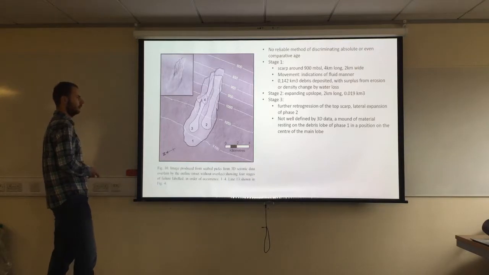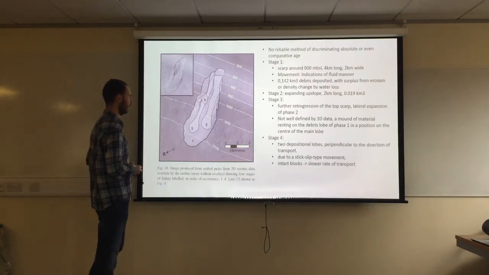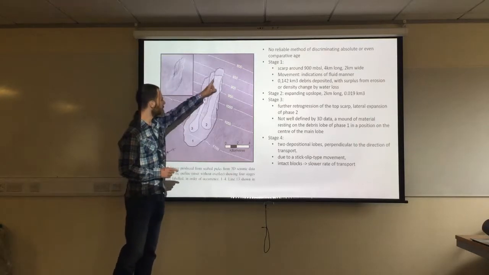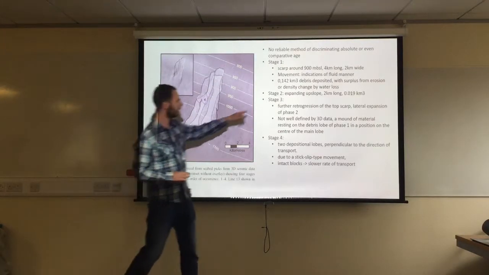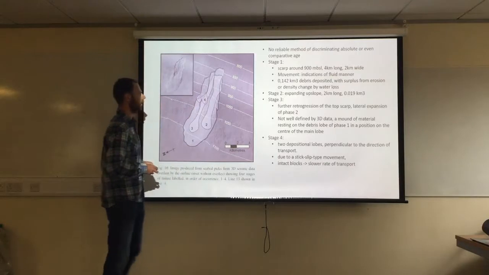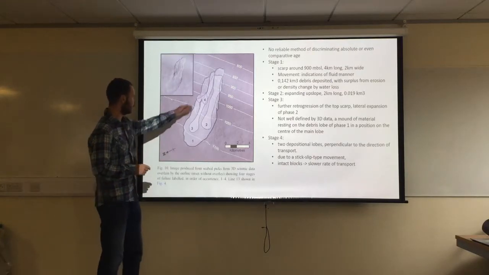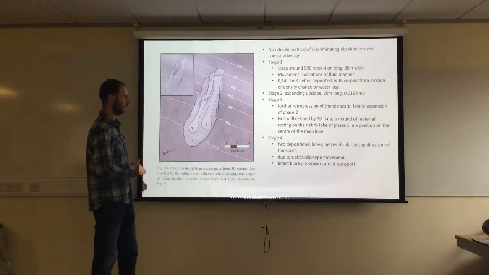And there was a fourth phase, which is quite different compared to the first three. In the first three, I indicated here that the movement was probably a flow, indicated by a fluid manner in the layers that they could see in the seismic data.